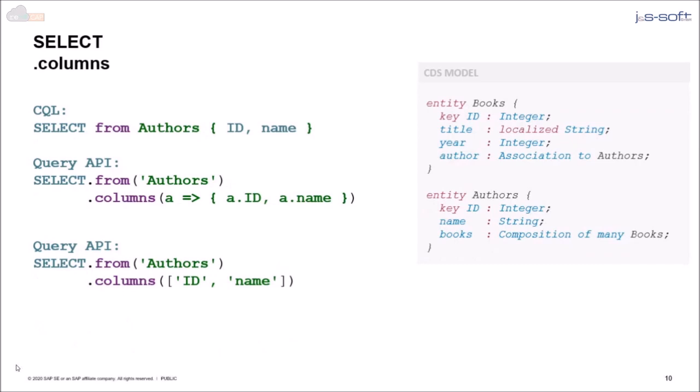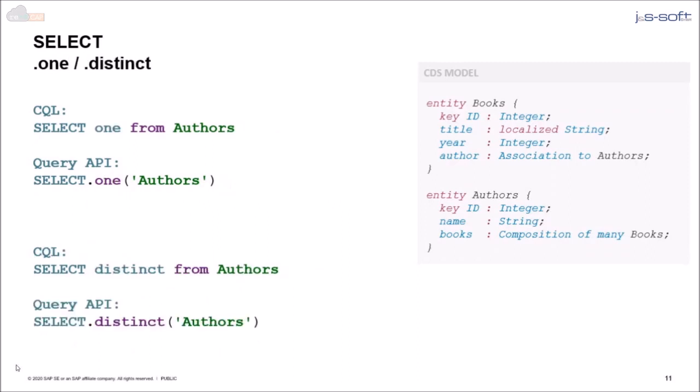And in this case, you see exactly these two options for providing the columns. The first one is an arrow function with two parameters, ID and name. And in the second option, it's just a flat list of strings describing ID and name as strings. So these are basically two options for how I can provide columns.